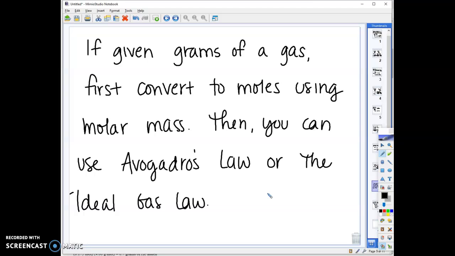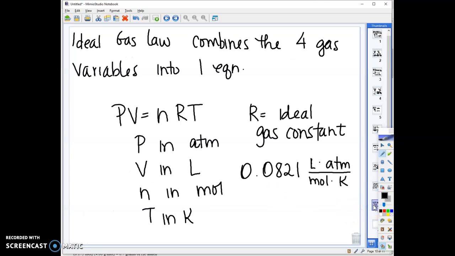Then you can use Avogadro's law, or you may have to do that also for the ideal gas law, which combines all of the 4 gas variables into one equation. So we have PV equals nRT. So our pressure will be in atmospheres, volume in liters, n, our number of moles, of course, is going to be in moles, and then our temperature in Kelvin.